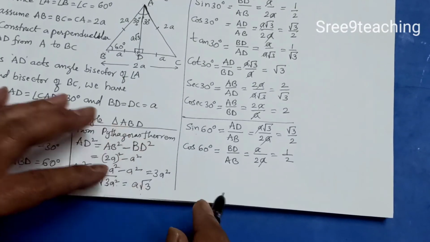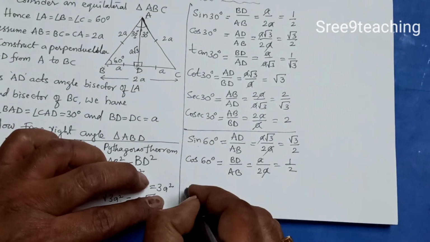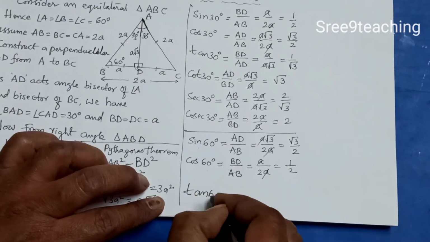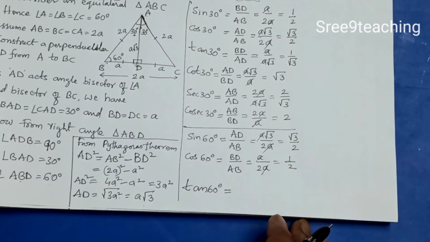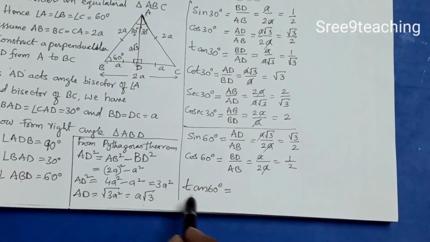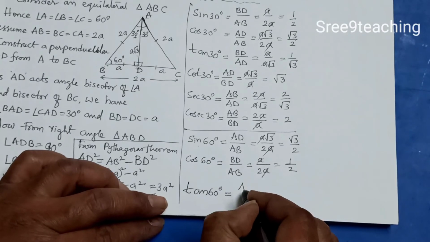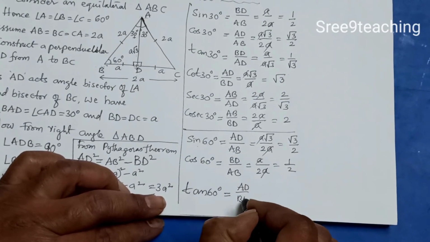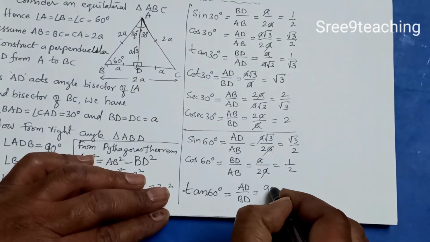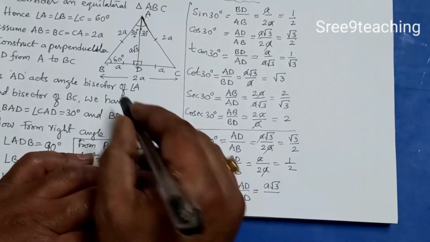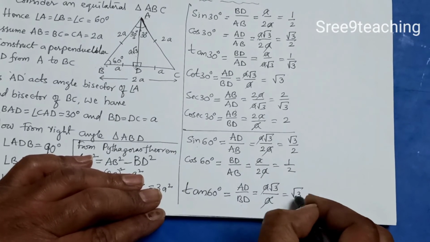Now let us write tan 60 degrees. You know the formula for tan, that is opposite side by adjacent side. Opposite is AD, adjacent is BD. Hence AD by BD is equal to A root 3 by A. A gets cancelled and its value is root 3.